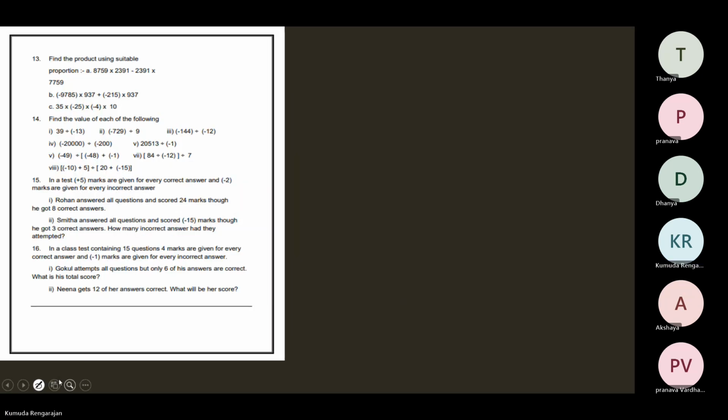Look at the 16th one. Oh no, we have to answer the second part in the 15th one. Smita answered all questions and scored minus 15 marks, though she got 3 correct answers.